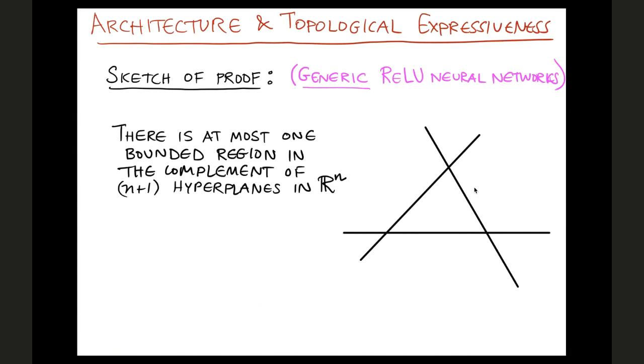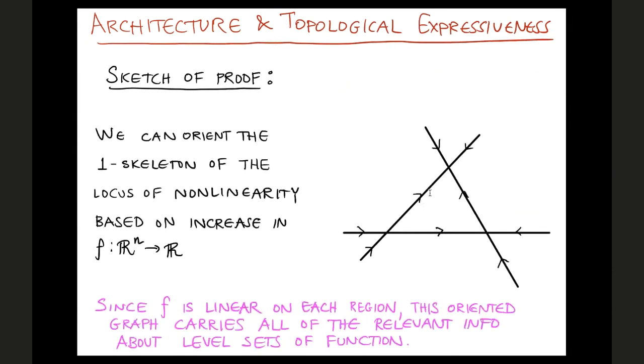So on each of the regions complementary to this hyperplane arrangement, the function is linear. So this hyperplane arrangement is exactly the locus of nonlinearity for this particular simple neural network. And so we can now orient the edges representing the direction of the increase of the function.